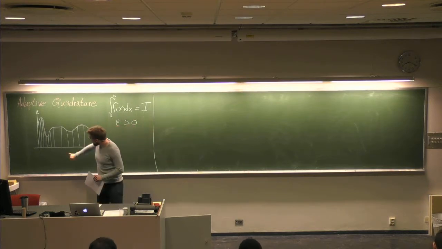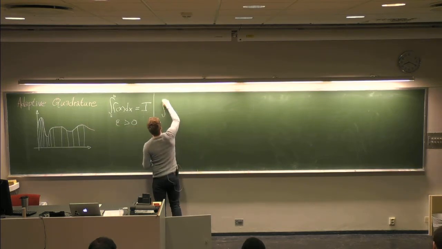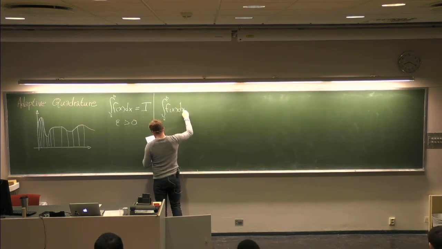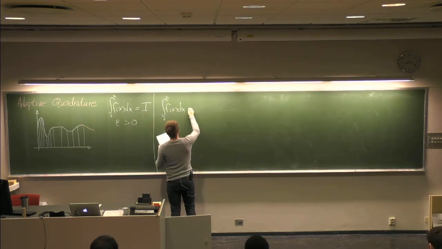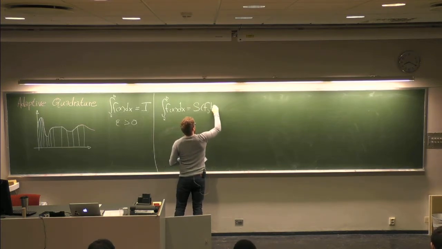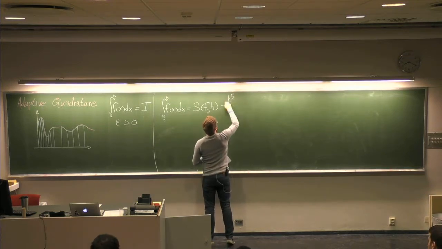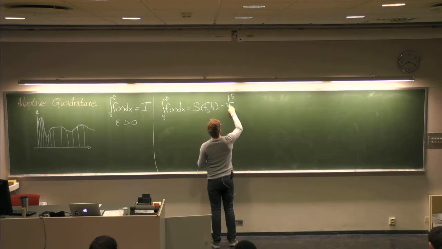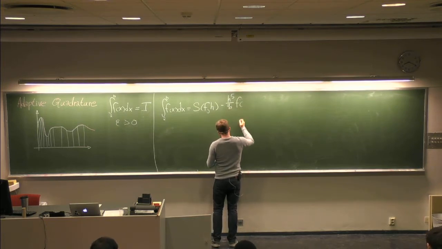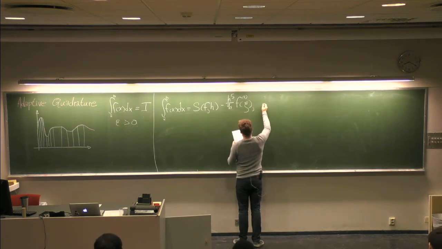Well, first we can try to apply Simpson's method on the whole interval. So then we will get the integral from a to b of f(x) dx equals S(h), Simpson's method, plus an error, and I'm going to write it out this time: h to the fifth over 90 times the fourth derivative of f at some constant psi inside there.